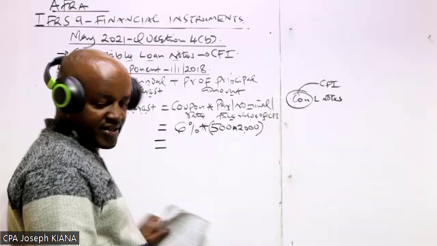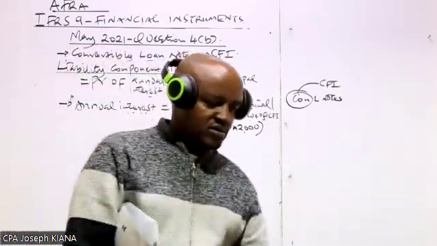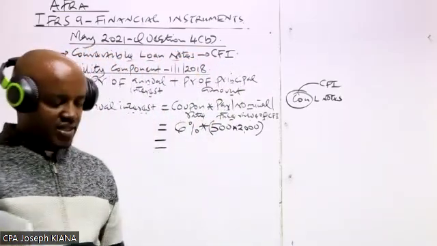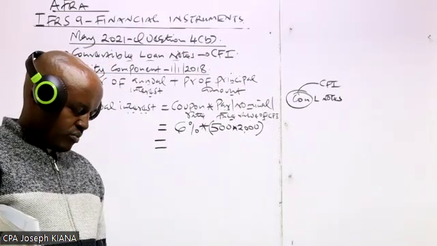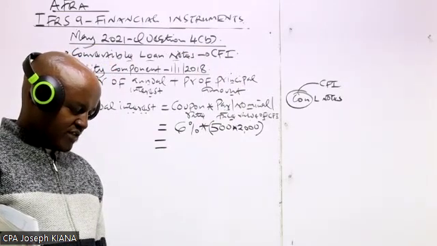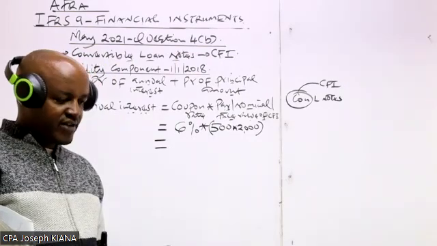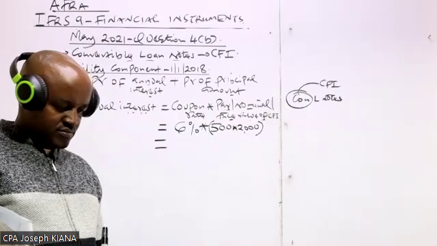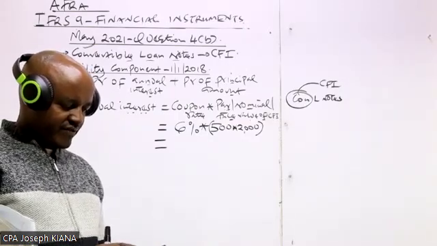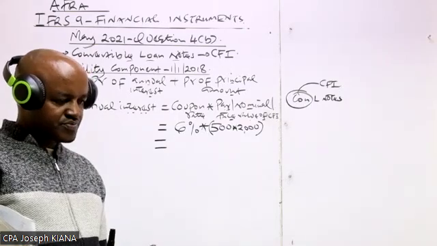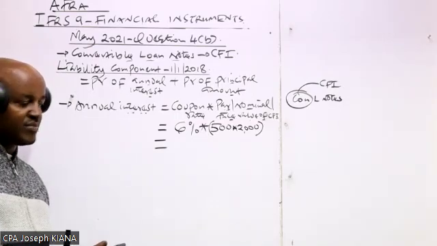So this will give us a figure of what? Once you get the answer, type it in the chat box. I'll be able to see it down there. This will give us a value of how much? 6% of 500 times 2,000.